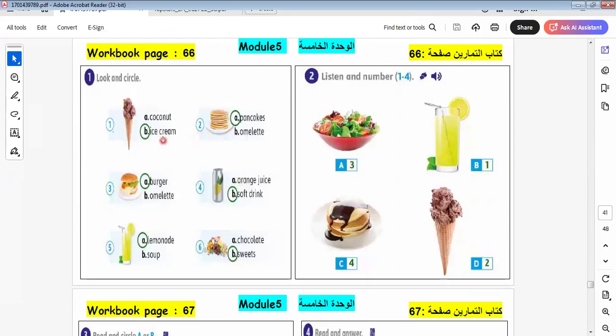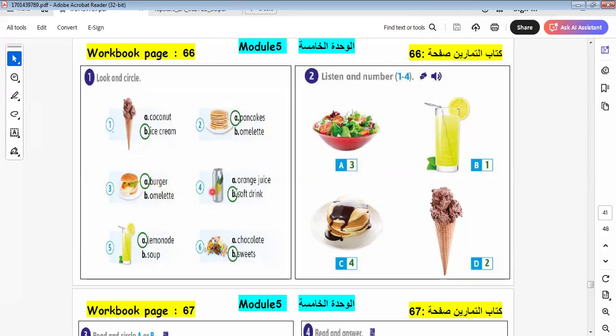Let's go to another question in this part. Here we say, the coconut or ice cream? No, it's ice cream. You see here, we can see the picture and we know the coconut, so not a coconut. It will be ice cream. Is this omelet or pineapple? No, it's pancakes. I'm sorry, I said pineapple. Pancake, not pineapple.